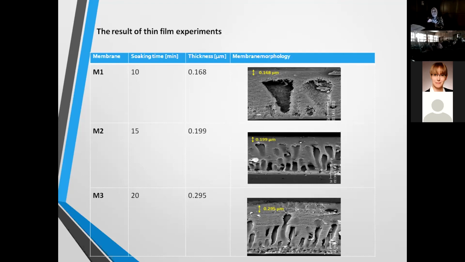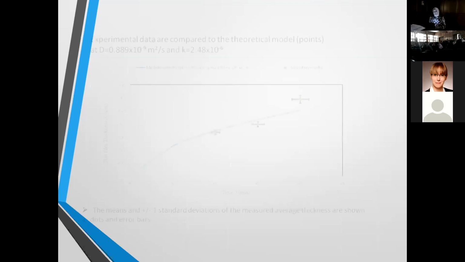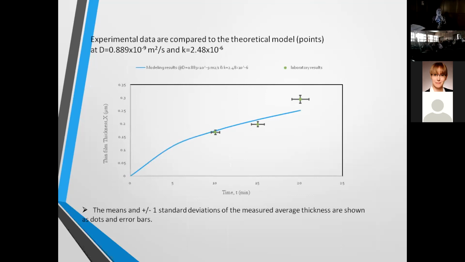For 20 minutes, the thickness is 0.295 micrometer, which means that with increasing time the thickness increases, as we said in the membrane morphology. By putting the actual results in the theoretical model which we calculated, we found that there is a small deviation between the theoretical model and the actual results.